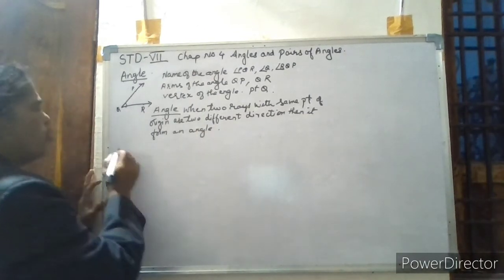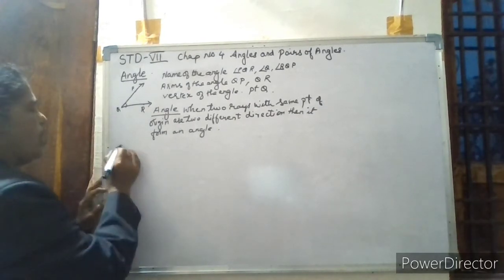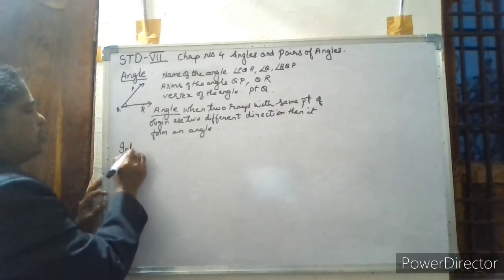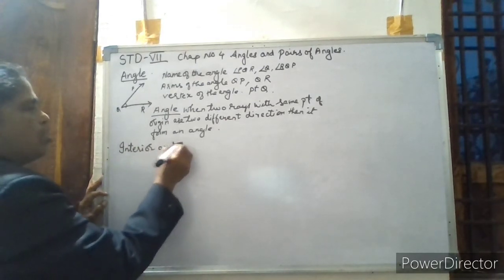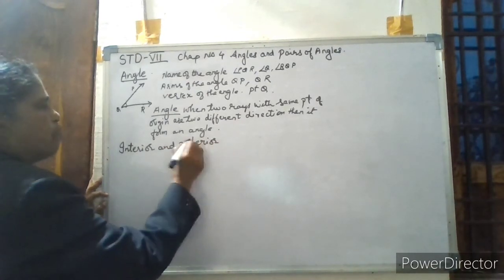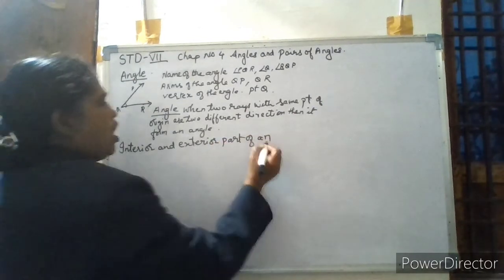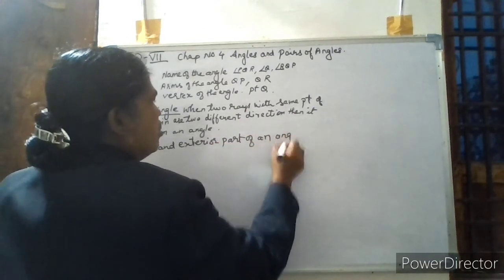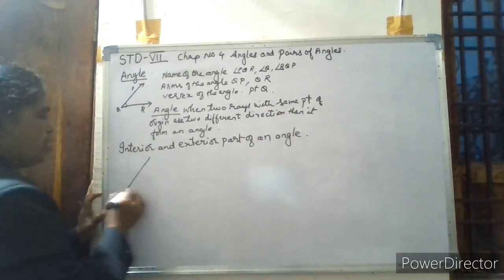Now we are going to learn the interior and exterior part of an angle. For example, I'll just draw an angle.